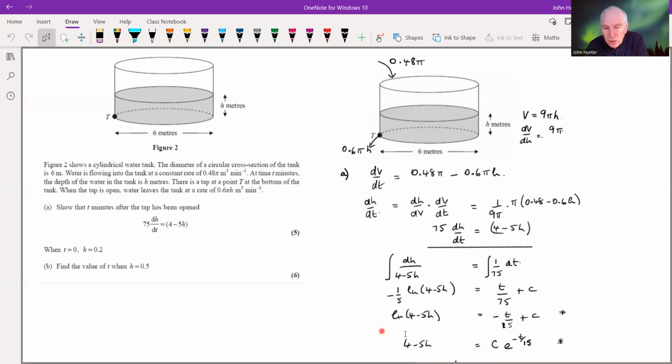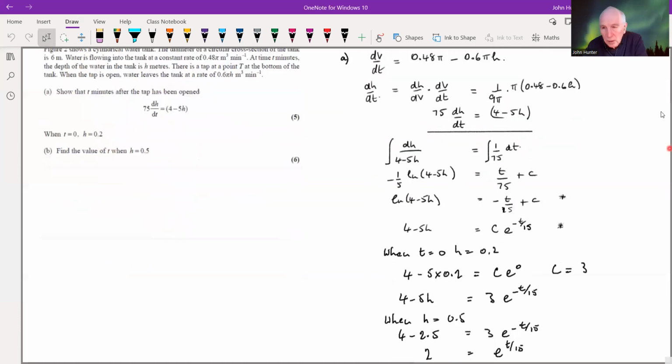So this is the general solution of our equation. It's a general solution because we don't know the value of C at this point. Therefore, there are an infinite number of solutions. We've solved the differential equation, but we now need to find the particular solution by applying our boundary conditions.